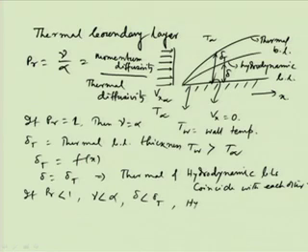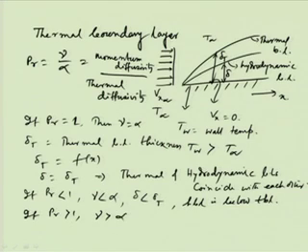So, if I denote the hydrodynamic boundary layer as HBL, it is below the TBL, the thermal boundary layer. And if Prandtl is greater than 1, that means nu is greater than alpha, and then delta is greater than delta T, or HBL is above TBL.